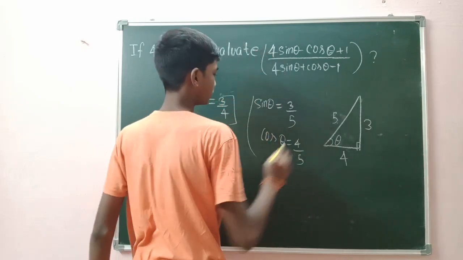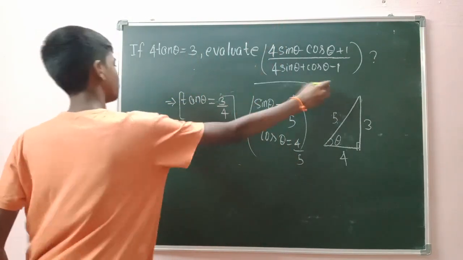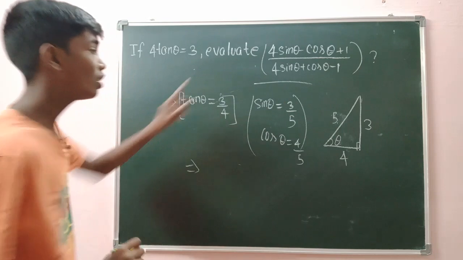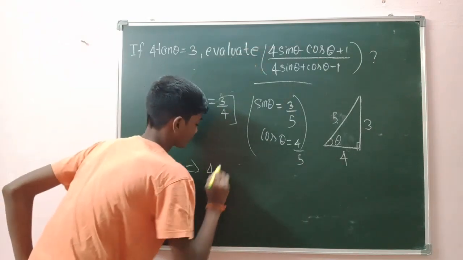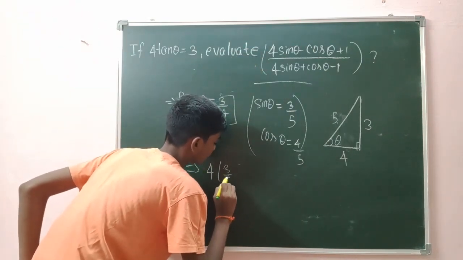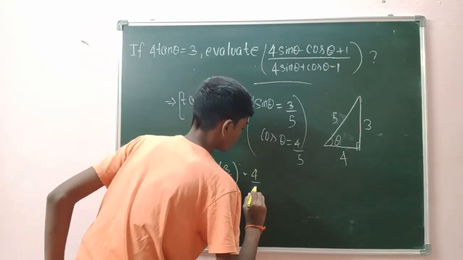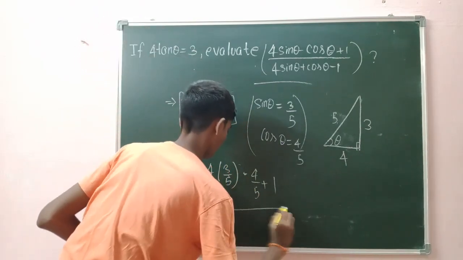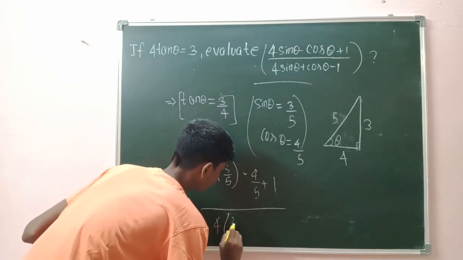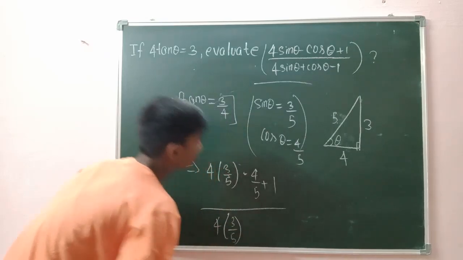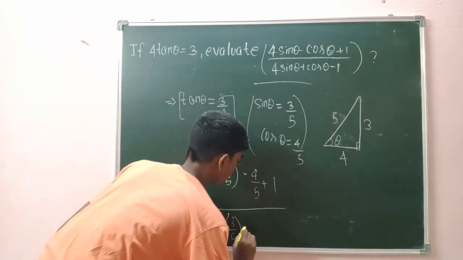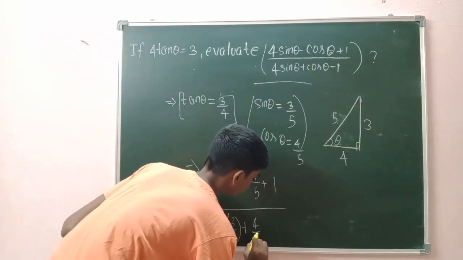Correct or not? Just use this in this particular expression and get the value. That will give us 4 times 3 by 5, then minus cos theta, which is minus 4 by 5, plus 1, then divided by 4 times 3 by 5 plus 4 by 5 minus 1.